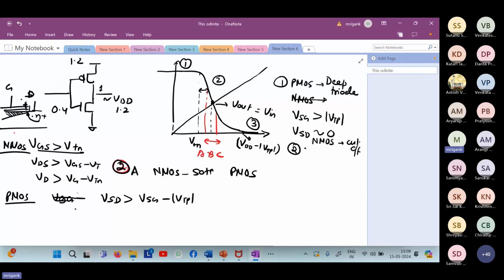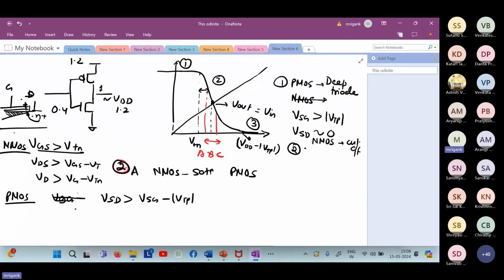Therefore, if VG minus VD is greater than VT, then the channel is on. At that time, channel is formed. But the saturation region condition will be when the channel is pinched off. That means VG minus VD is less than VT. There is no channel formed at this point. Channel is pinched off. That is the condition for NMOS.